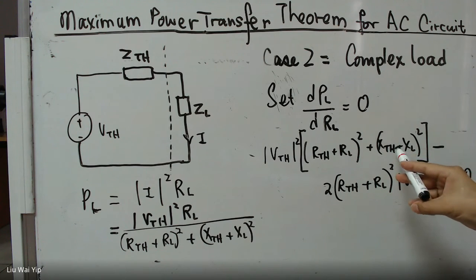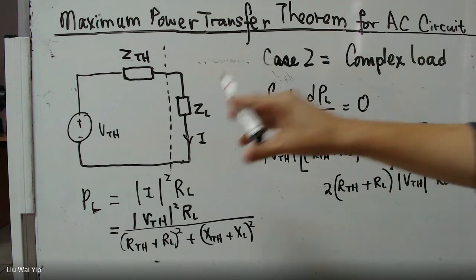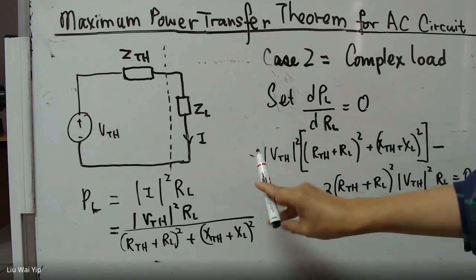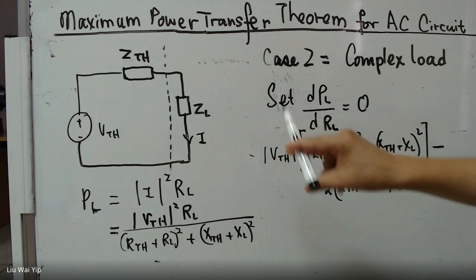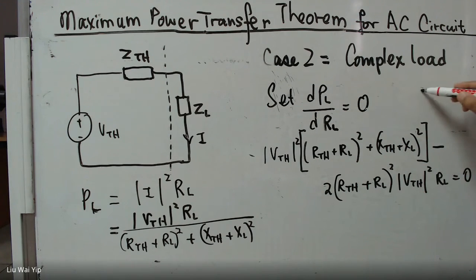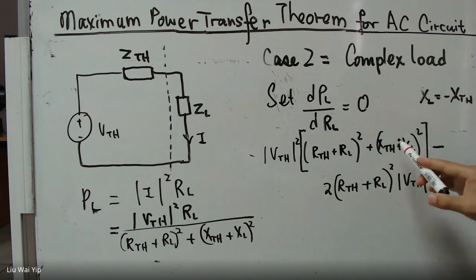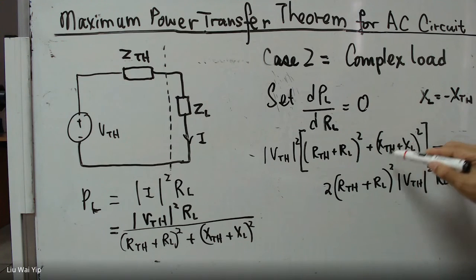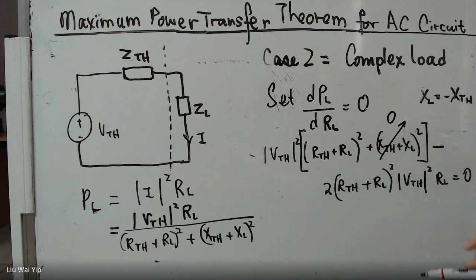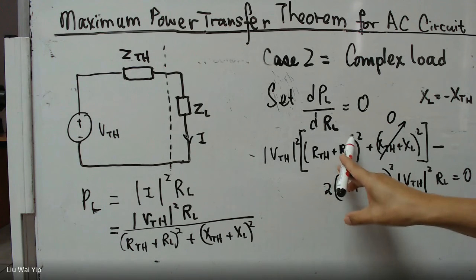And we have already found out that in order for this maximum power transfer to occur, from the previous analysis, XL must be equal to minus the Thevenin reactance. So if we substitute to here, then this one will become 0. And what we have left here is this expression.